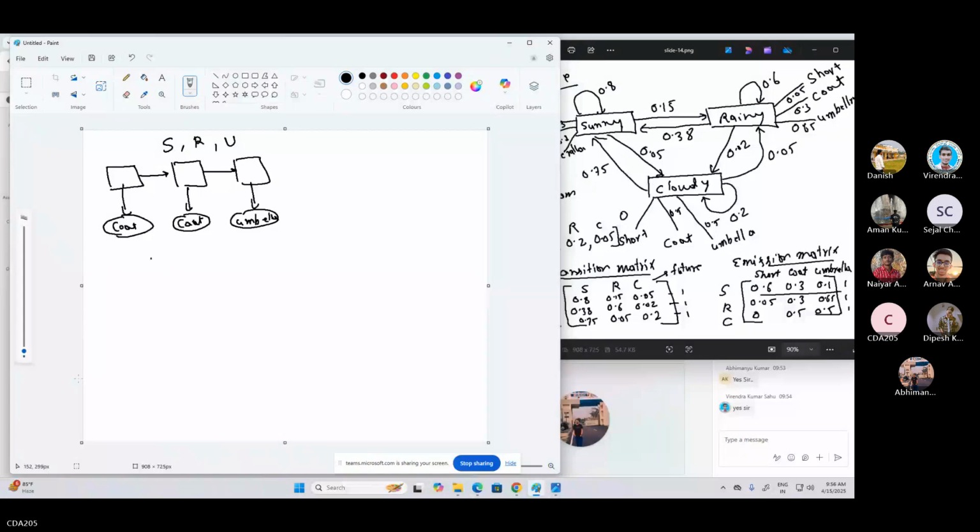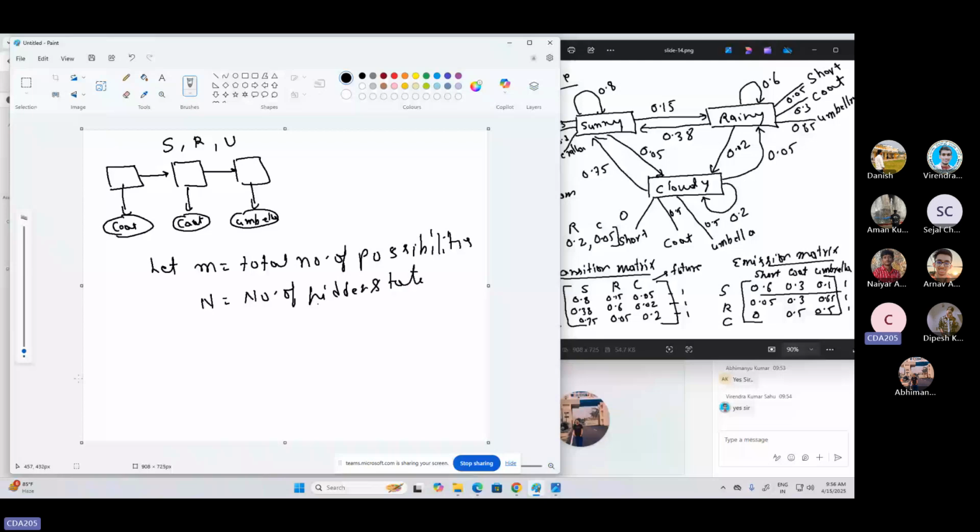So let M be the total number of possibilities, N the number of hidden states, and T the number of observations. In this diagram it is 3.